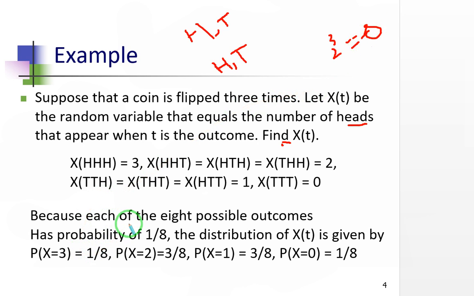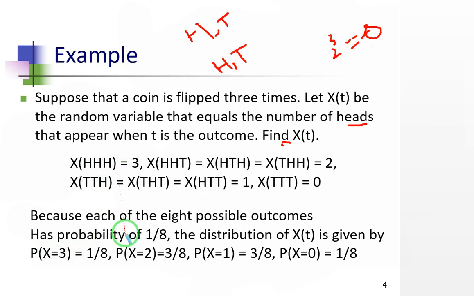Because each of the 8 possible outcomes has probability of 1/8, the distribution of X(t) is given by P(X=3), P(X=2), P(X=1), and P(X=0). How many heads do we have? 3. How many heads? 2. How many heads? 1. How many heads? 0. So the probability for P(X=3) is 1/8.